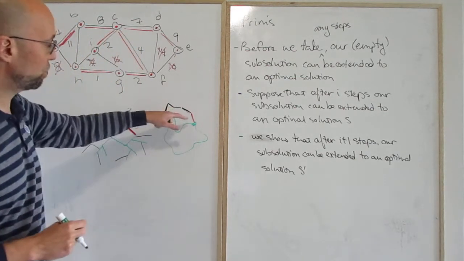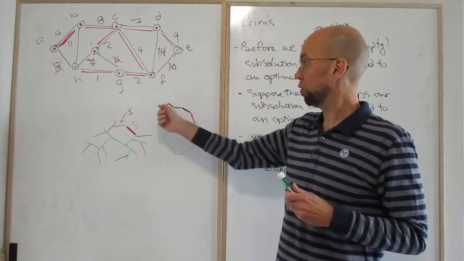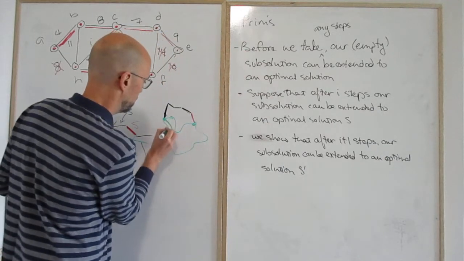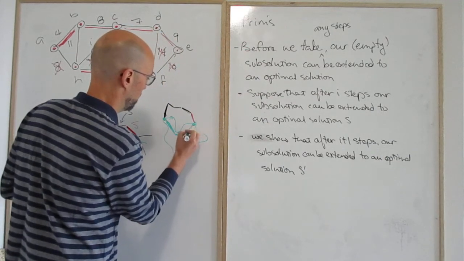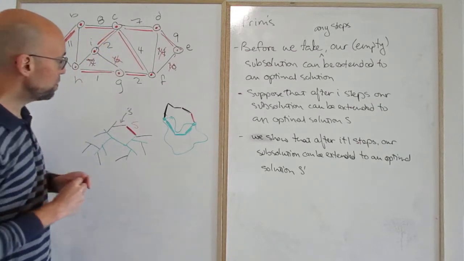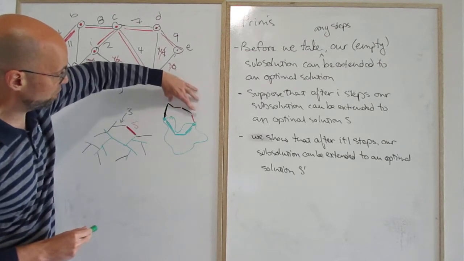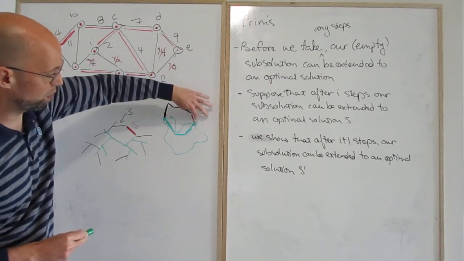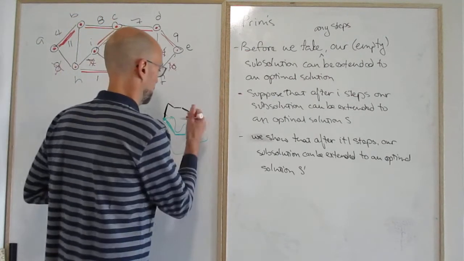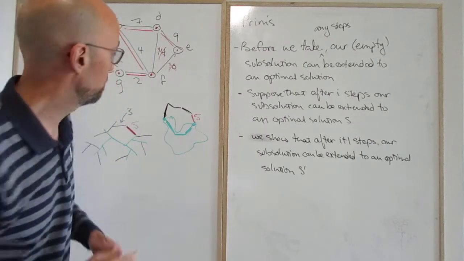The cycle has to leave the tree. At some point, the cycle also gets back to the tree, and then you have some edges in the cycle which are in the tree. So maybe you're not considering these edges yet, because these could be cheaper than this one. This could be 5, and this could be 3.